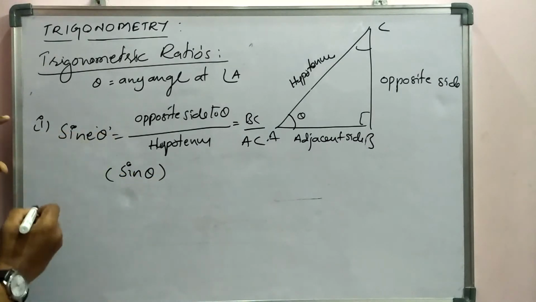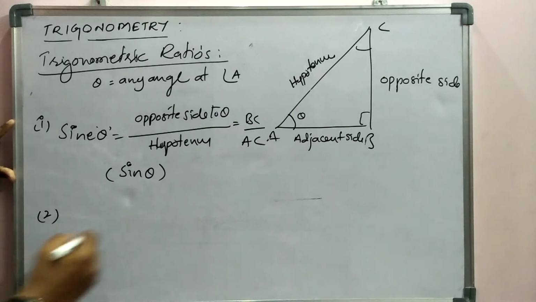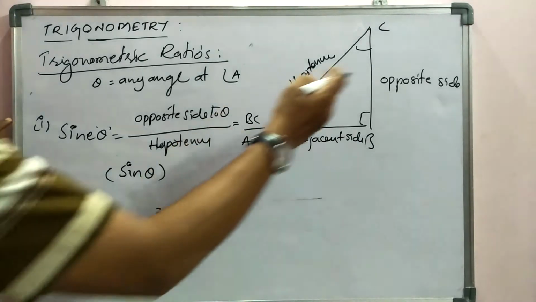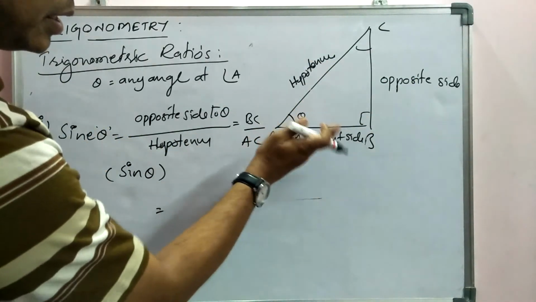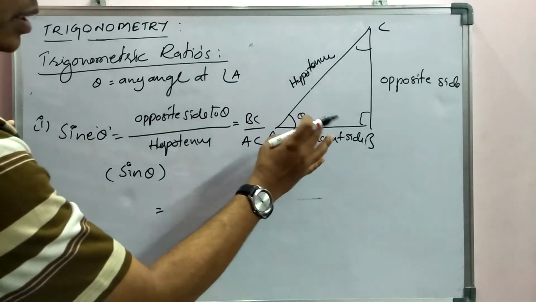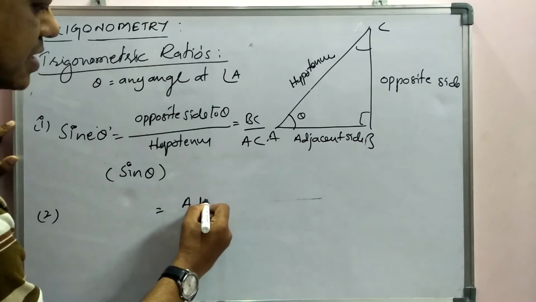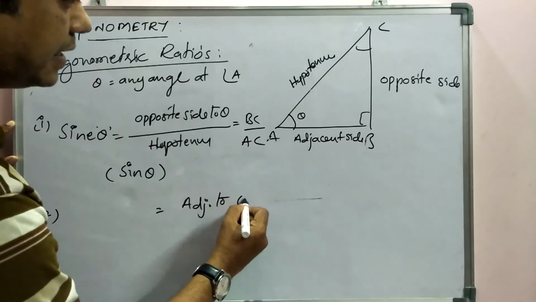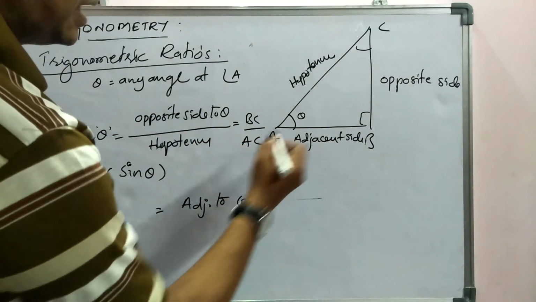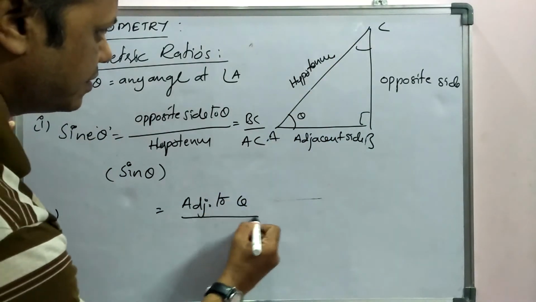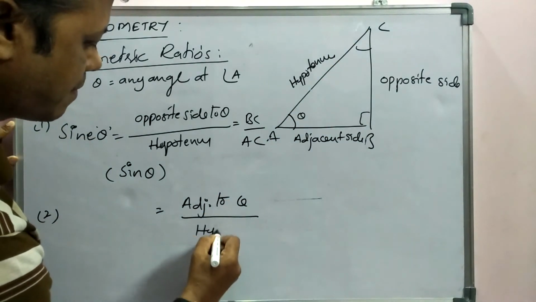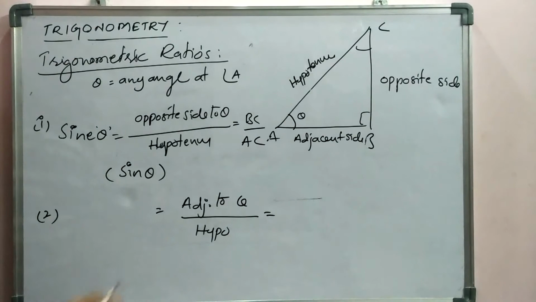Similarly, the second ratio. Opposite by hypotenuse is over. Then you go for the next ratio. Adjacent side to theta by hypotenuse. What is the adjacent side to theta?